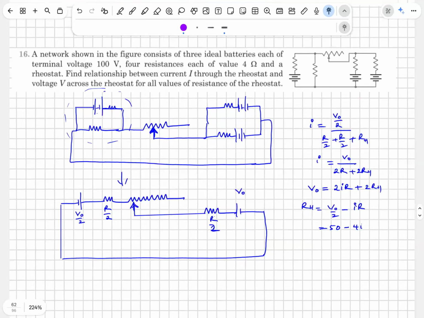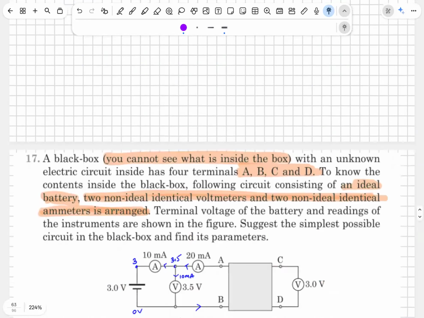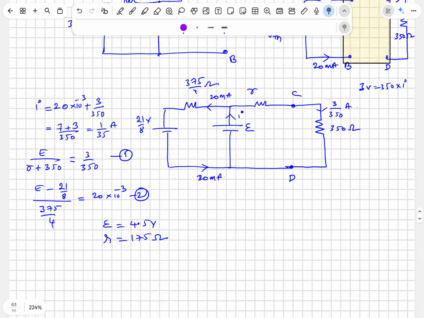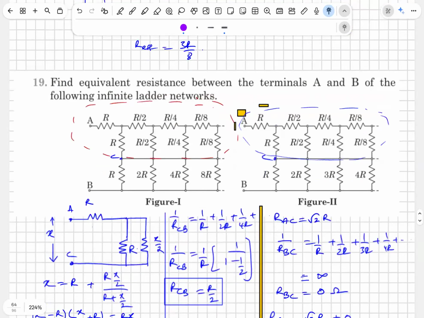So please go through this question, the 16th question. You used to do it on your own. 16th question, everyone listen. This began the base of Thevenin's there. 16, 17, the rest I will post in the group.